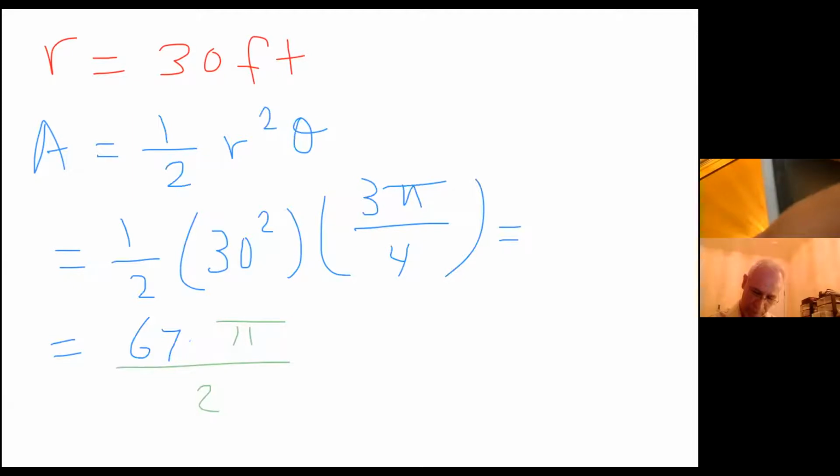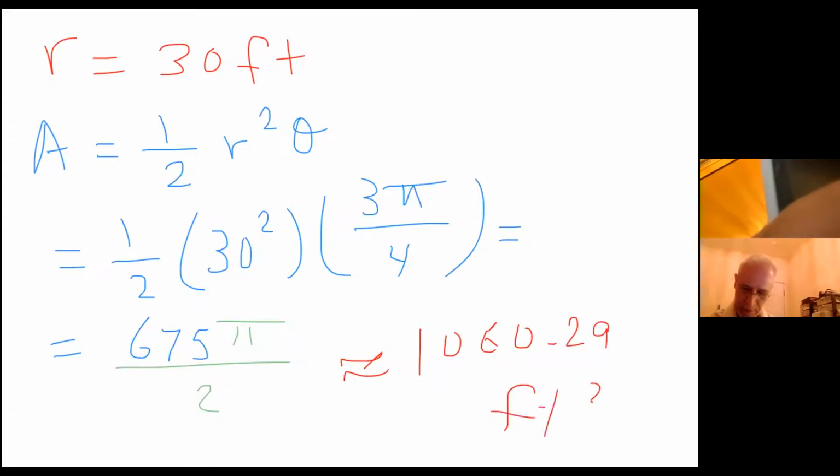675 pi over 2, and that approximately is 1060.29 square feet.